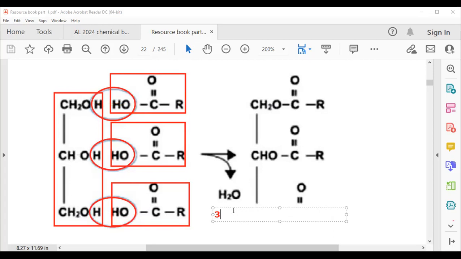After marking it, this is the bond getting created, and that bond is called which bond? Ester bond.